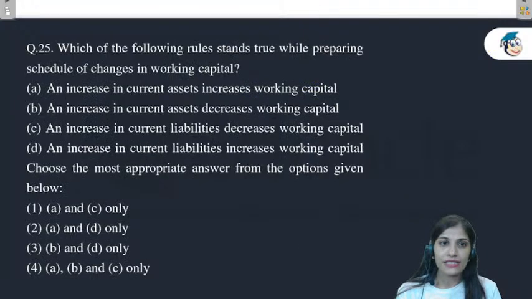Right? Next. Which of the following rules stands true while preparing schedule for working capital changes? Increase in CA. Next is increase in CA.